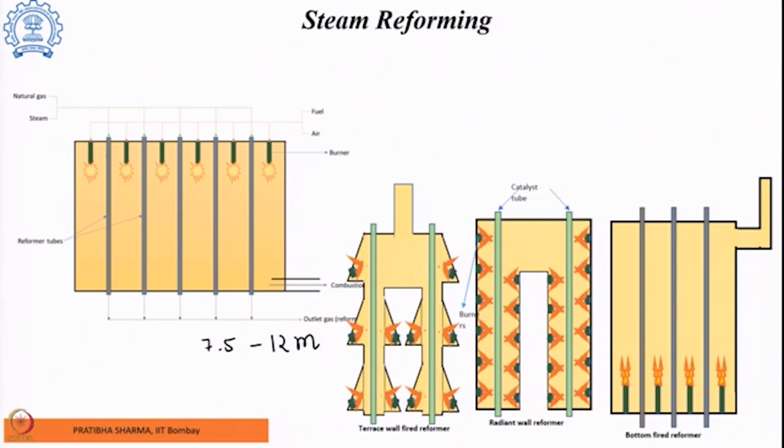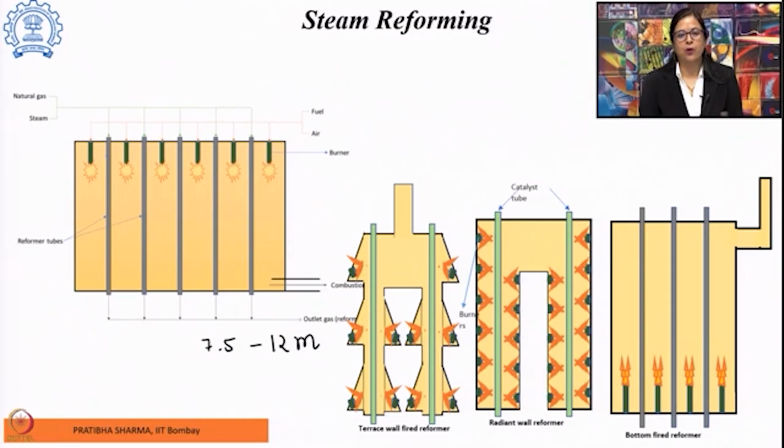In these reformer tubes the reaction takes place. The tubes are externally heated with various burners. So it is a box or tubular furnace wherein there are many burners which heat the catalyst filled tubes, and these burners could be arranged in various geometries. The furnace could be top fired, wherein the burners are located at the top.